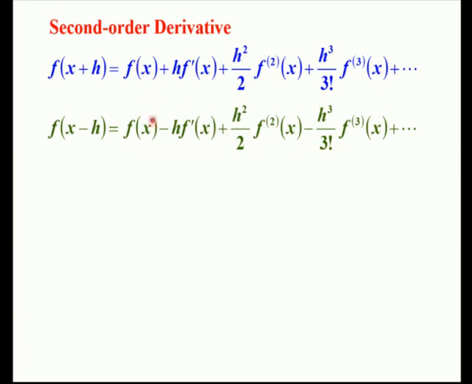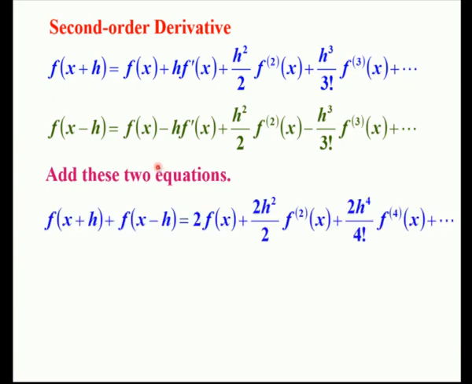Now adding these two equations, you can see that odd derivatives are getting cancelled. Here you have plus h f derivative and minus h f derivative. Similarly, look at the plus h cube by 3 factorial, the third derivative, here minus h cube. So, when I add these two they get cancelled, and finally, I end up with this.